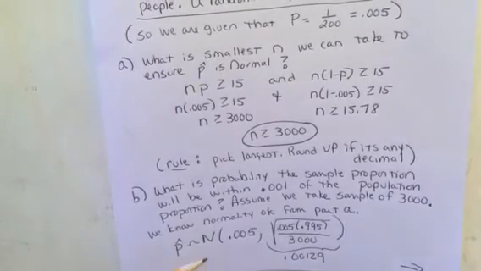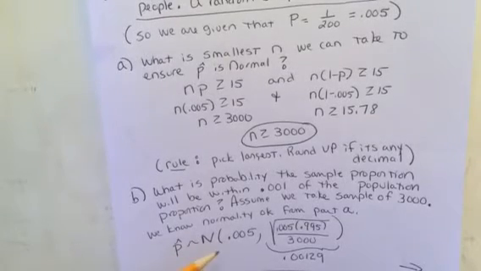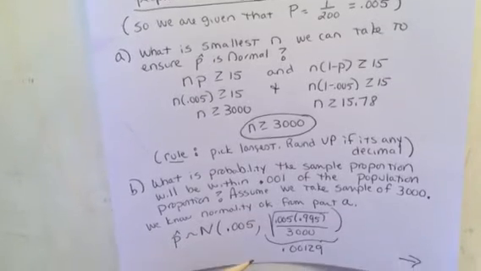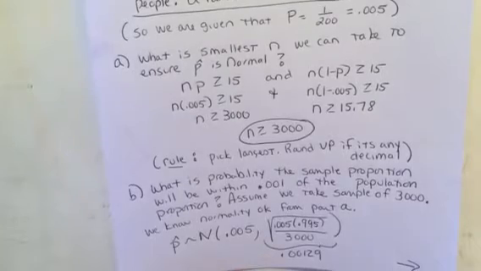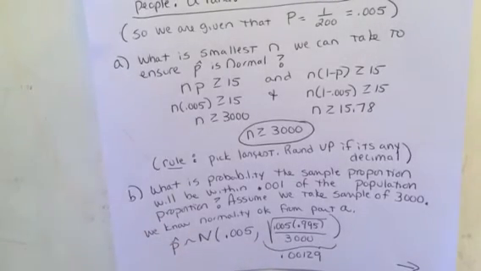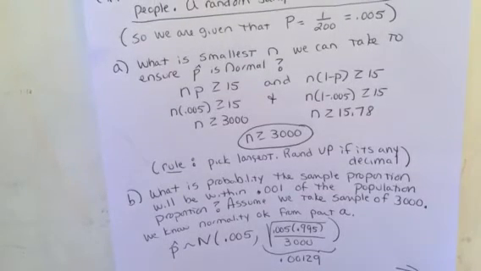I do need to go ahead and figure out, well, I know what the mean is. The mean of p-hat is always the population proportion, 0.005. You need to go ahead and calculate the standard deviation term. And again, make sure you keep lots of decimals because that standard deviation is tiny. Also remember those formulas are on your cheat sheet.